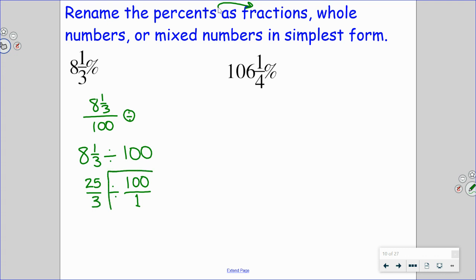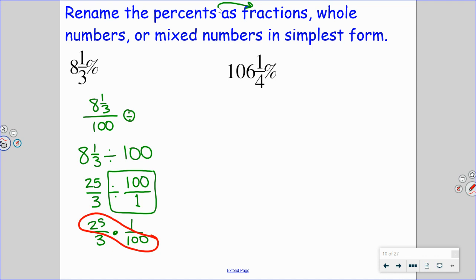Now we know there is no such thing as dividing in the division of two fractions. As a matter of fact, we change that to its multiplicative inverse. And you will see almost always, with a little bit of disappearing ink here, almost always we will be able to cross-reduce quite nicely. Now in this case, 25 goes into both 25 and 100. 25 divided by 25 is 1. 100 divided by 25 is 4.